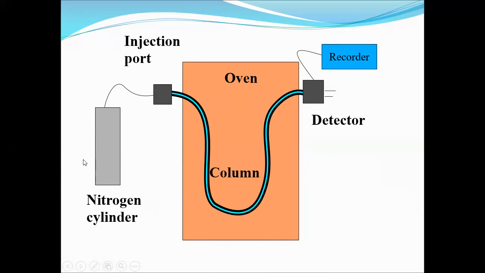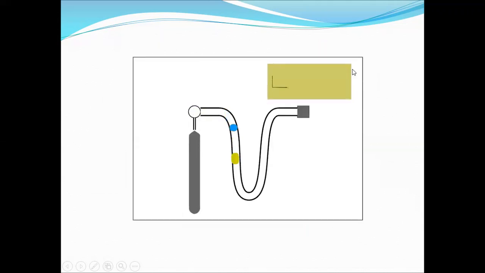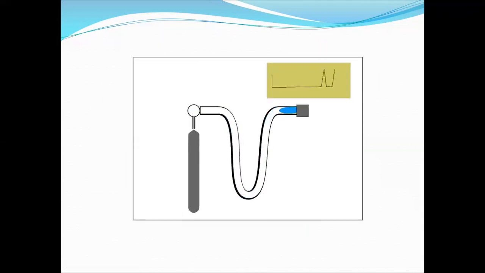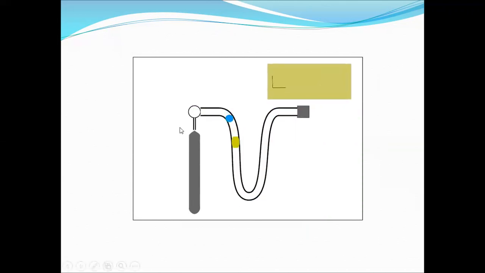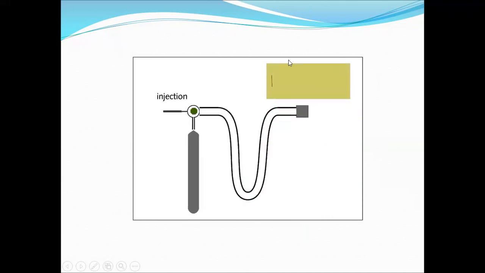Along with the sample, the mobile phase moves on and separates the components in the mixture. They are detected and get recorded. Here is the cylinder, this is the injection port. The sample is injected, moves through the column, gets separated as it goes through, is detected here and recorded here.